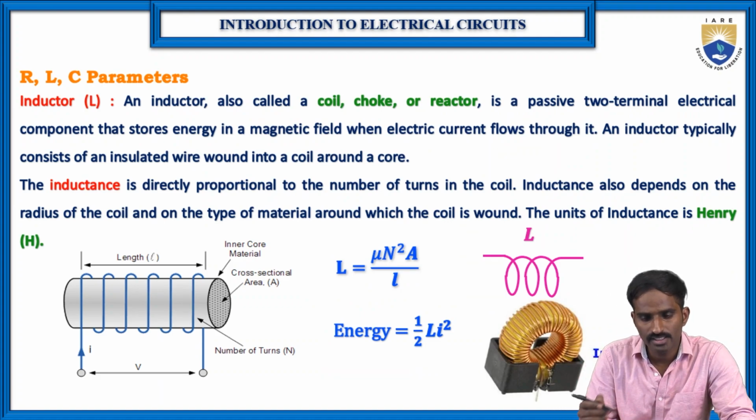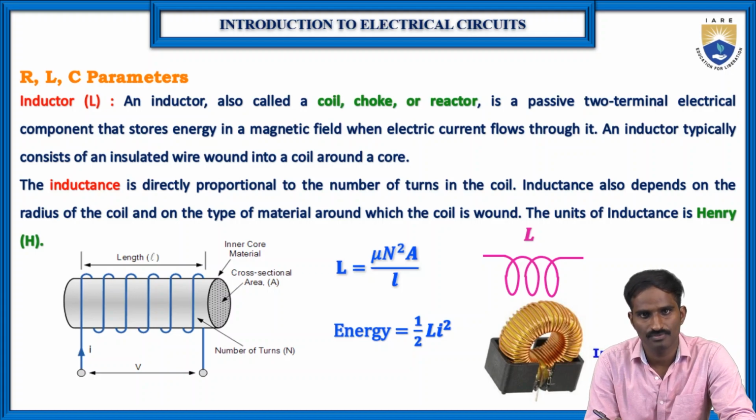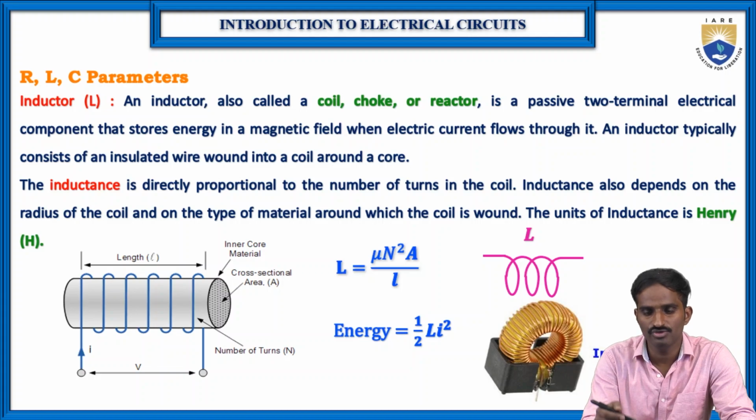An inductor is also called a coil, choke or reactor. Of course, the inductor has many functions, so based on the function, we call it either a coil, choke, reactor or an inductor.